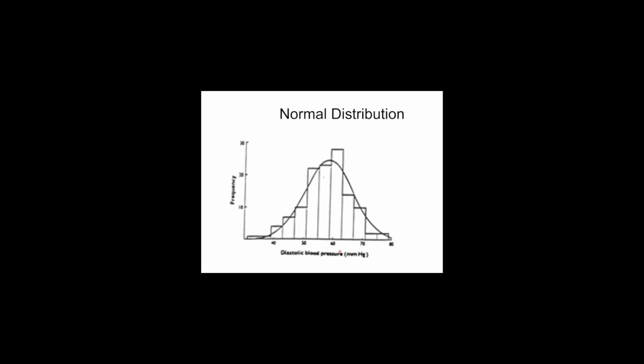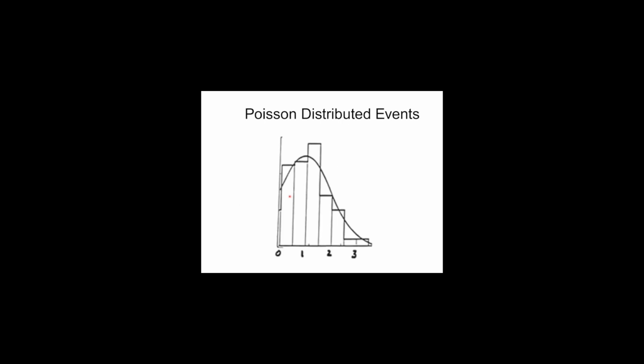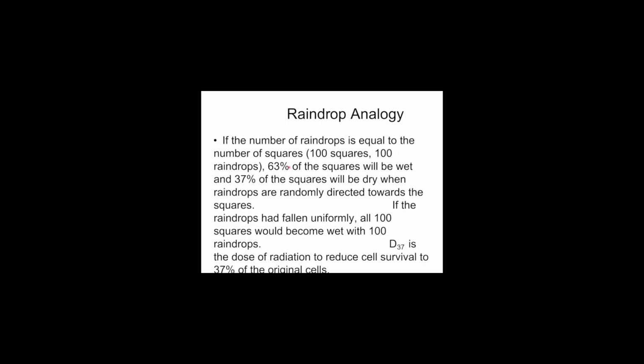If you had a normal distribution, this is what it would look like. This is what you're used to seeing, this sort of normal distribution that we use for grading, and we use it in this example for blood pressure. But the Poisson distribution is a skewed distribution curve that tends to look a little bit like a line on the far side, but has an abrupt peak at the beginning.